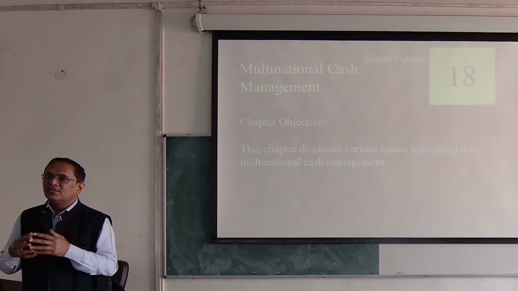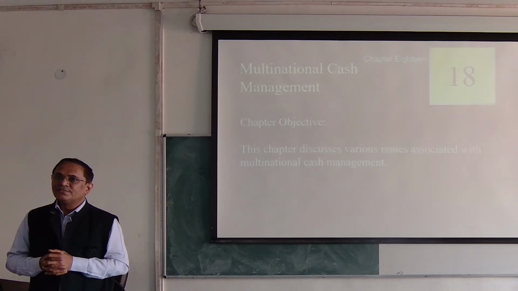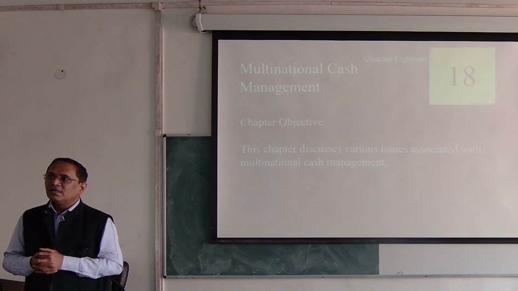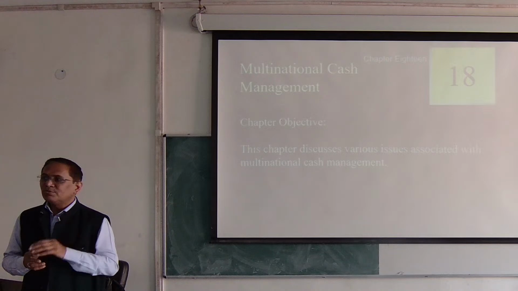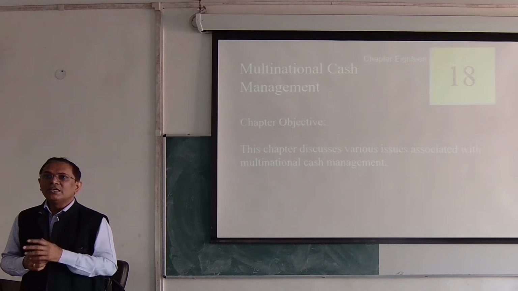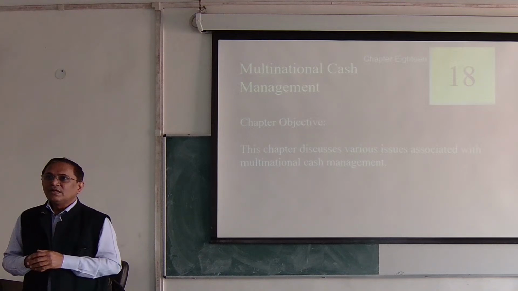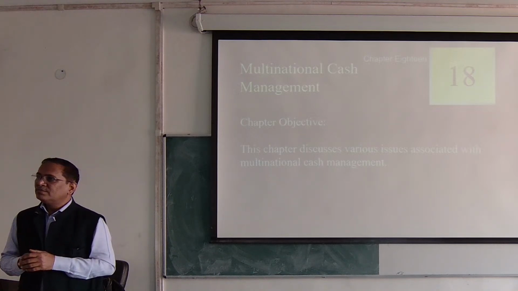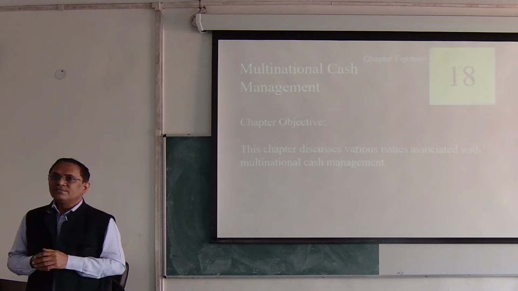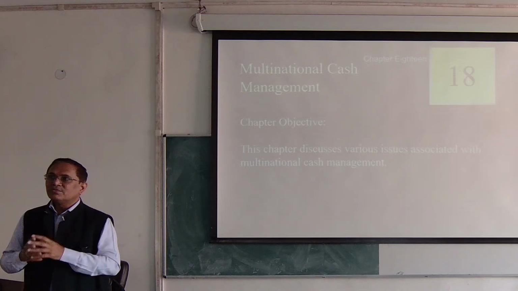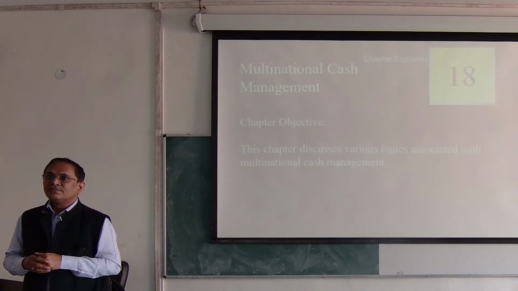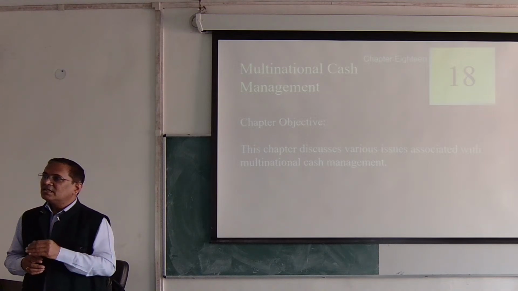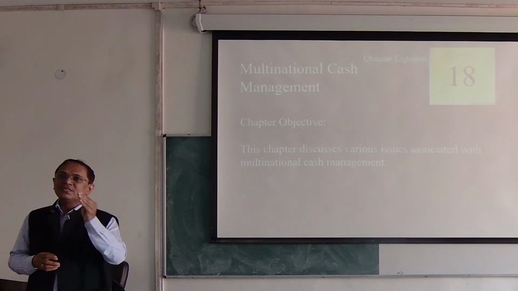Then after that we discussed exposure, possibility of risk, and three different exposures we talked about. First exposure was economic exposure, translation exposure, transaction exposure. All three exposures we talked about. Economic exposure is there when an organization is looking to establish business in another country.